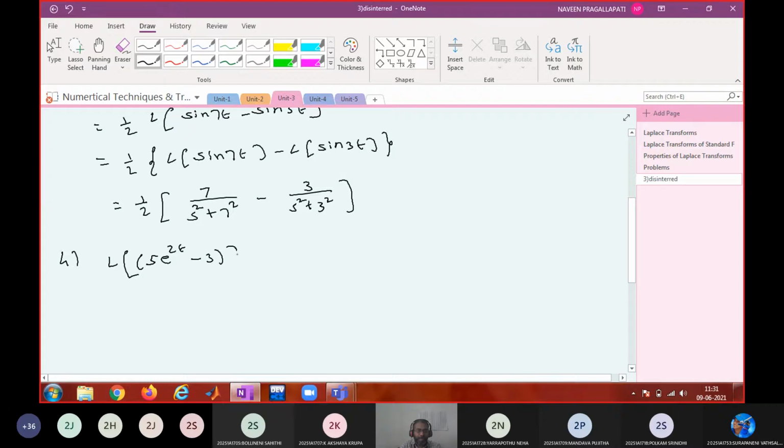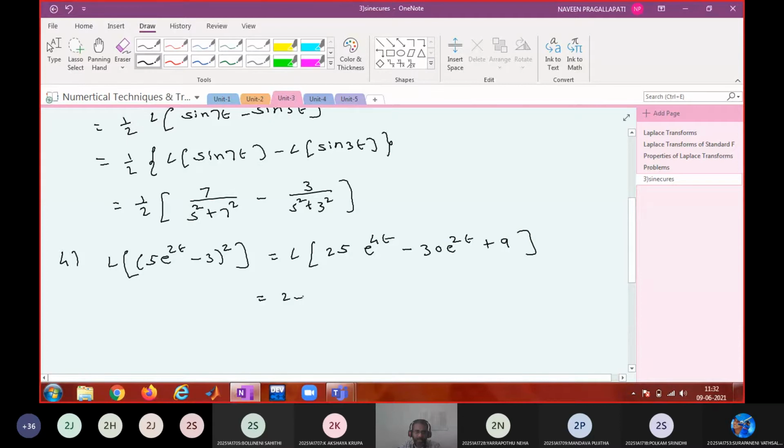You simply expand and apply the linearity property. So this is Laplace of 25 e power 2t whole square, which is e power 4t, minus 2ab, 30 e power 2t, plus 9. That is a square minus 2ab plus b square.